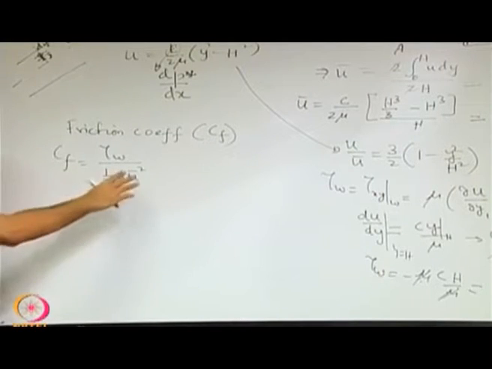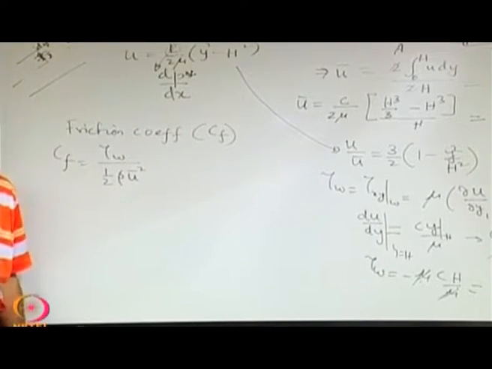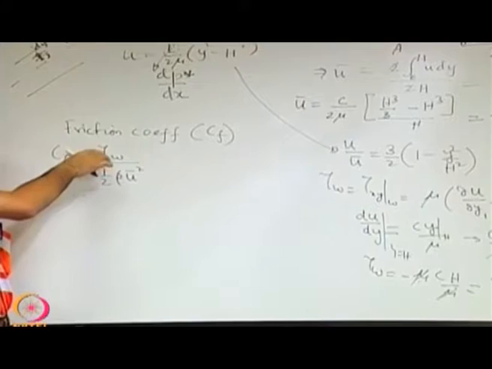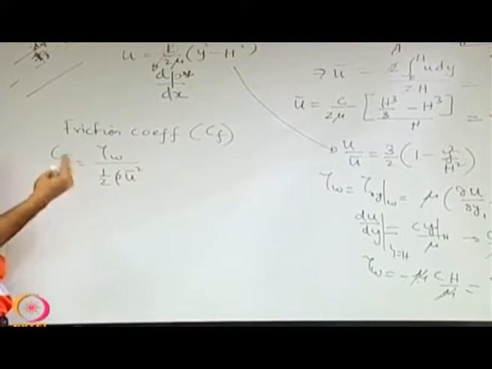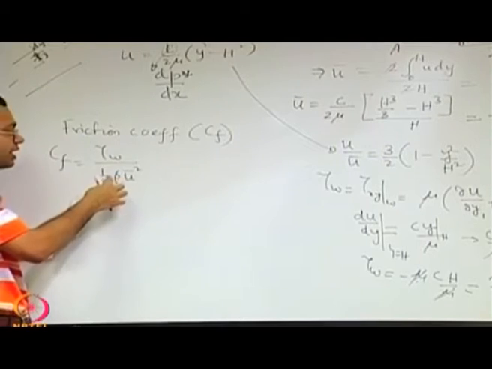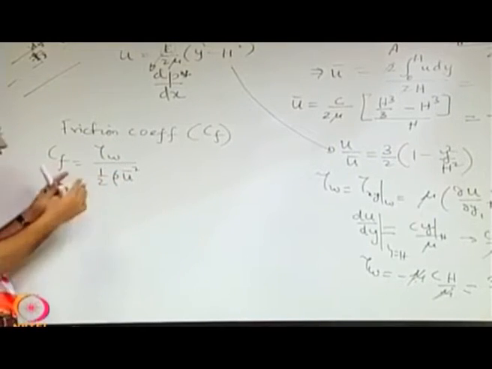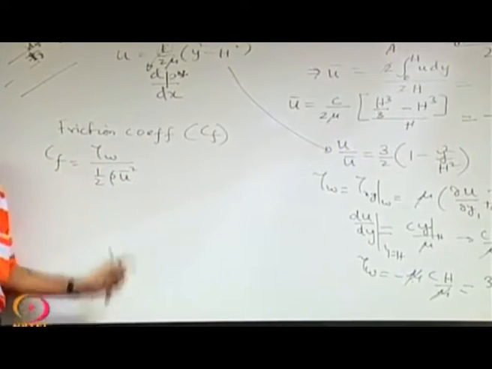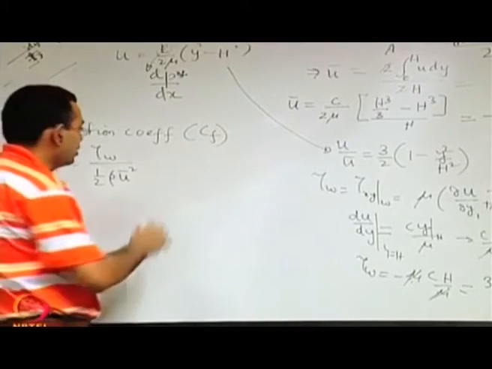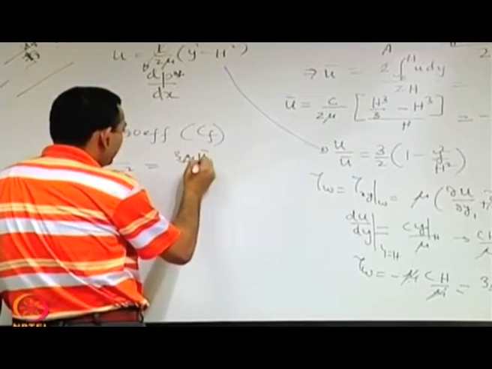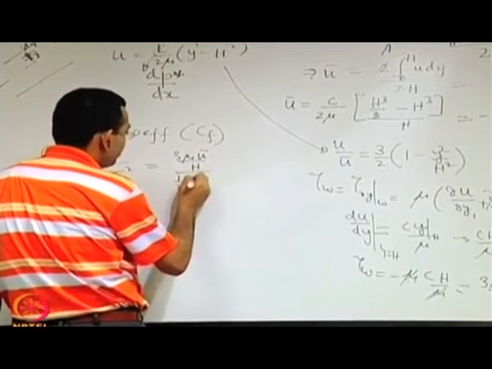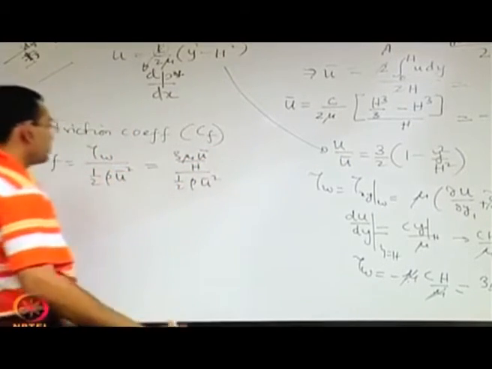See, rho into velocity square is a unit of pressure, stress is also unit of pressure, so this is unitless. Half has a sanctity, it represents a normalized effect with respect to the kinetic energy, but for just non-dimensionalization, even one may omit the half. This is just to keep the sense of kinetic energy. So you have 3 mu U average by H by half rho U average square.